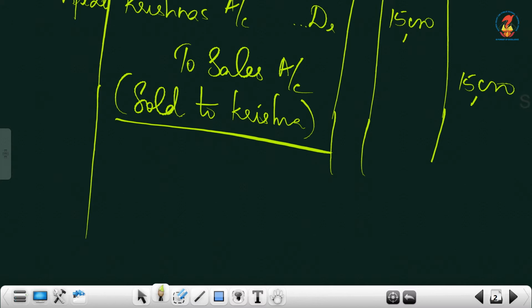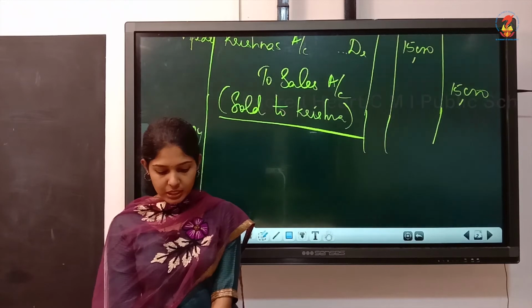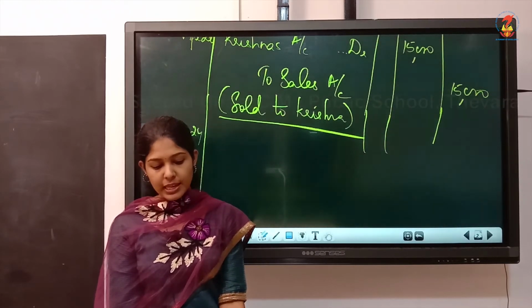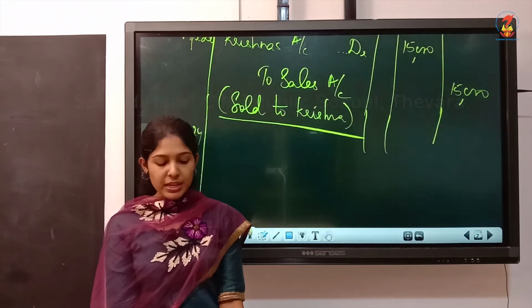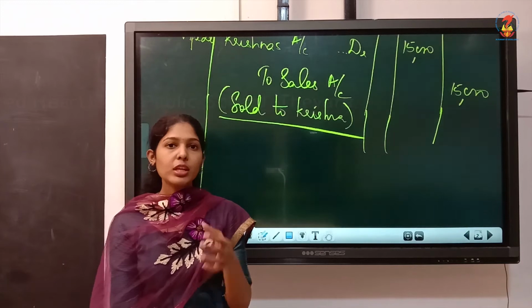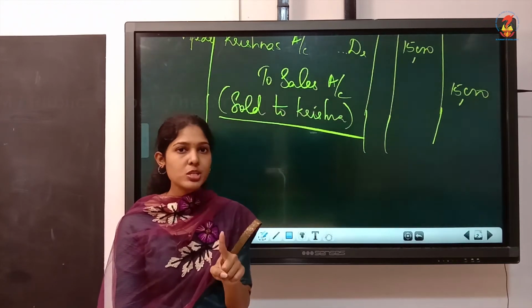The next one, April 24th. Received from Krishna on account. Did you see the transaction? April 20th, we have sold goods to Krishna and we know that it is on credit basis. So, did we receive the amount on 20th?